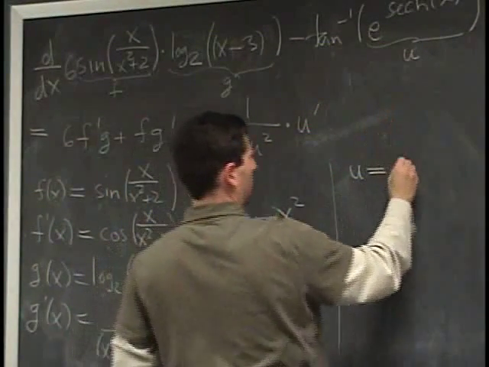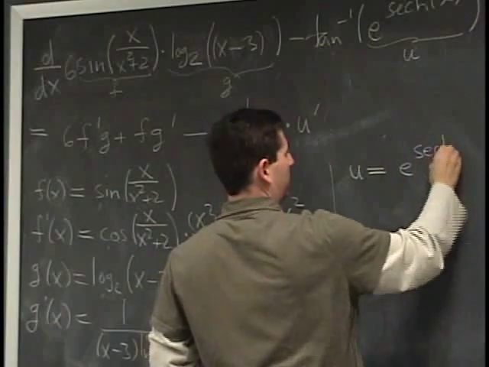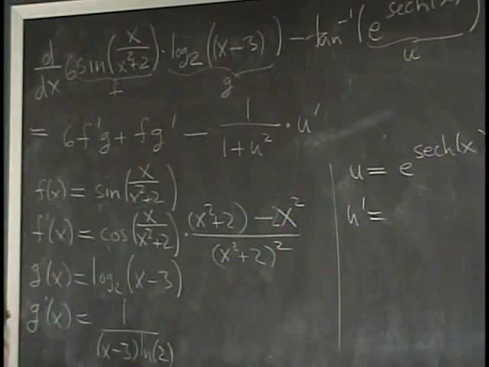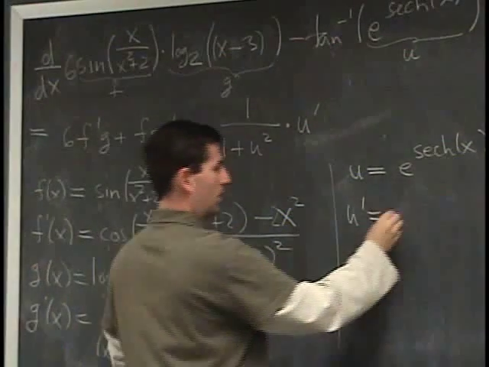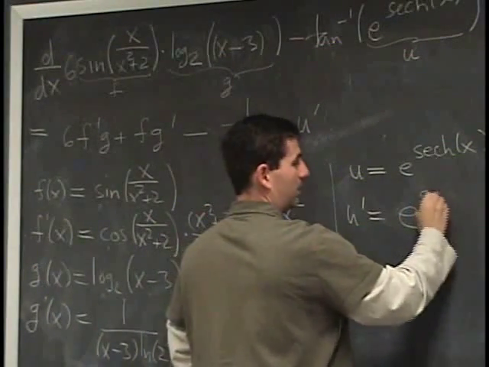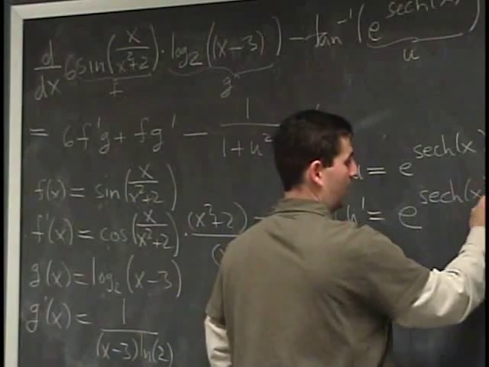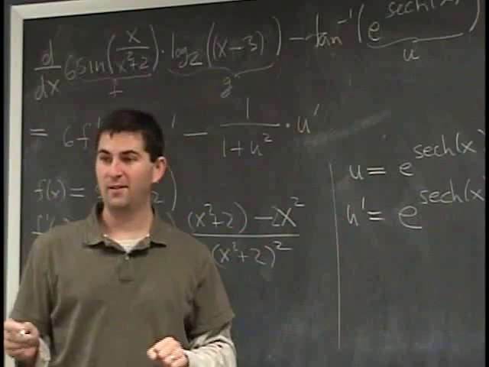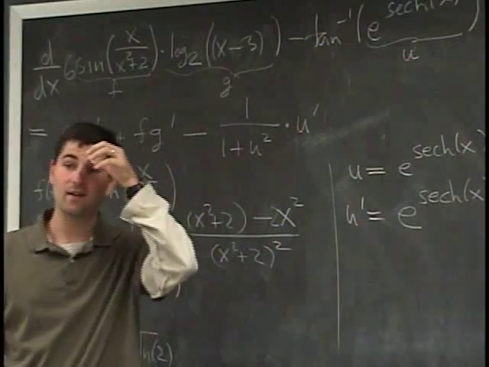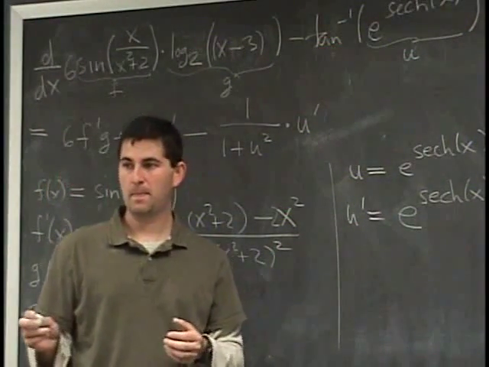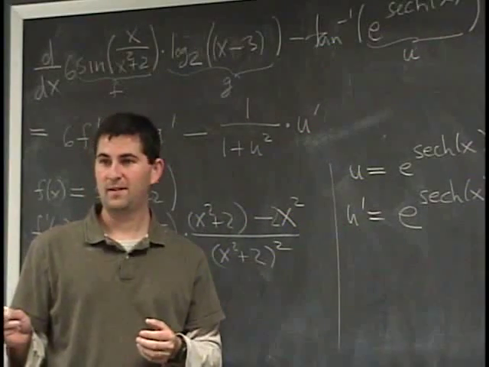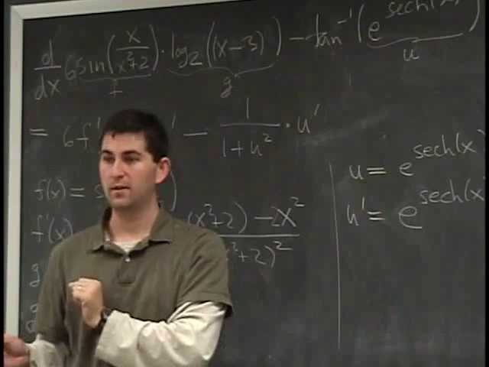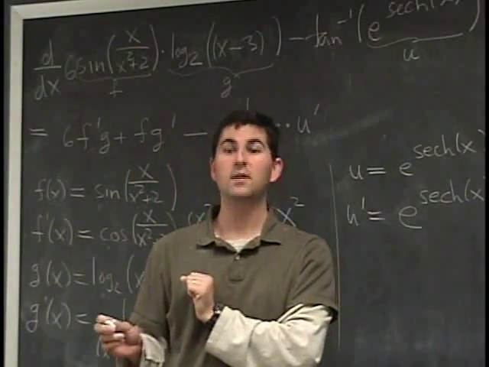So u is e to the hypersecant of x. What is u prime equal to? Just the same thing times the derivative of hypersecant. What's the derivative of hypersecant? Minus... what's the derivative of secant?